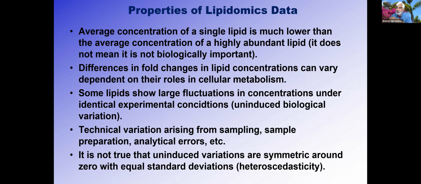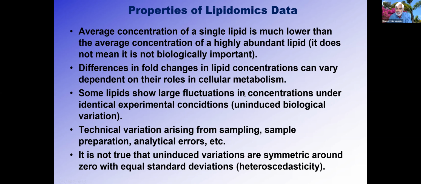And so your flux may be more, so your change in concentrations may vary. And it does not mean that a two-fold change is more important than a 1.5-fold change. You need to contextualize it with biology. I'll give you examples of that as we go along.